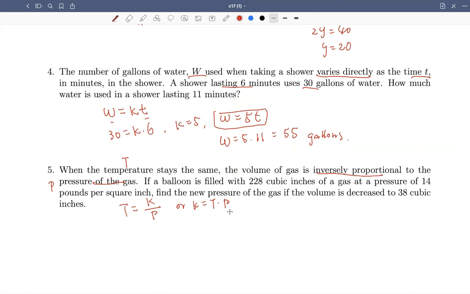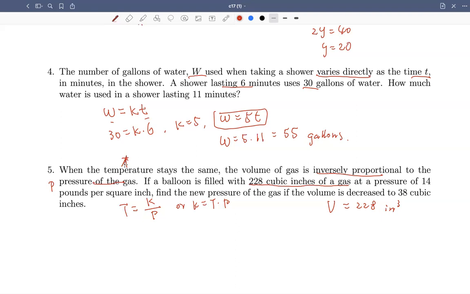If a balloon is filled with 228 cubic inches of gas at a pressure of 14 pounds per square inch, that's a volume.